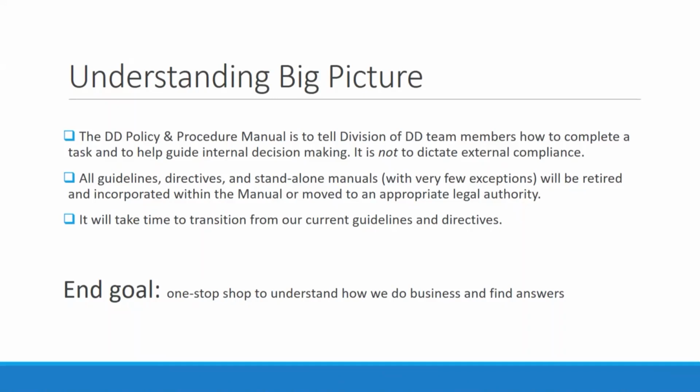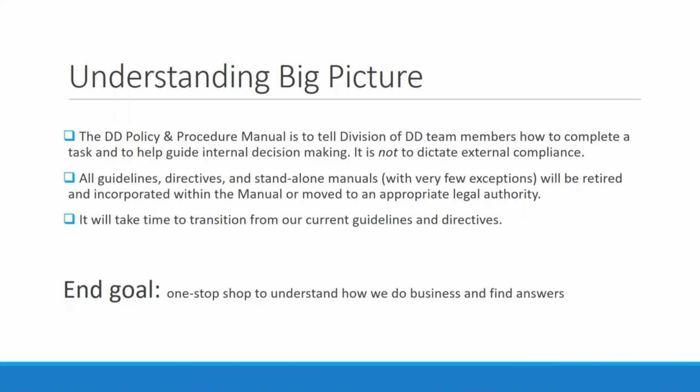So we already have a code of state regulation, or we have a Rizmo, or we have a contract provision that already outlines what the external compliance requirement is, but we are restating it in a directive with additional procedure included with it to let our team members know how they're supposed to implement something that's already stated in a CSR or in contract. So I think it can be done. You can move a directive over into either policy or procedure. Those ones will just take a little bit additional analysis to make sure that we're doing that appropriately.